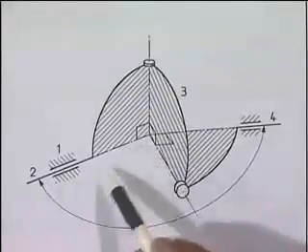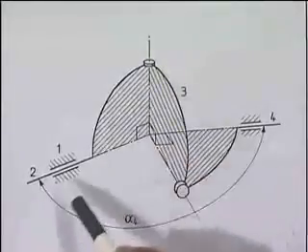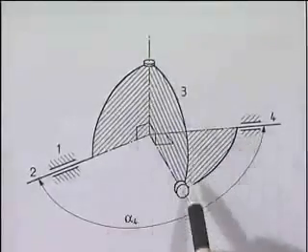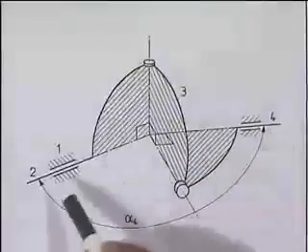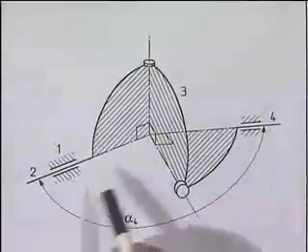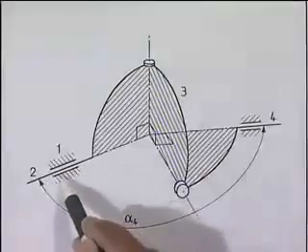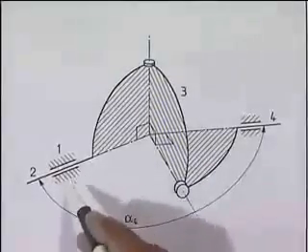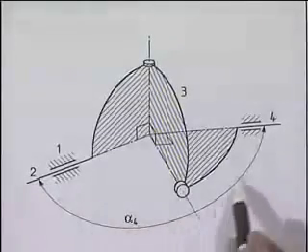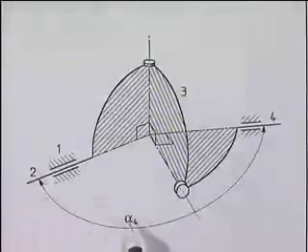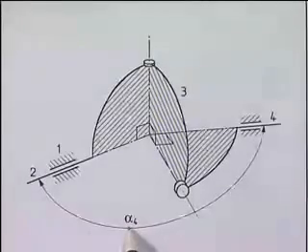In this diagram, the Hooke's joint is represented by the kinematic diagram. These are the two revolute pairs, axes like this. This is the output shaft and this is the input shaft, and one represents the body of the automobile or the frame or the foundation. What we should note is that the angle between these two shaft axes is represented by alpha 4.